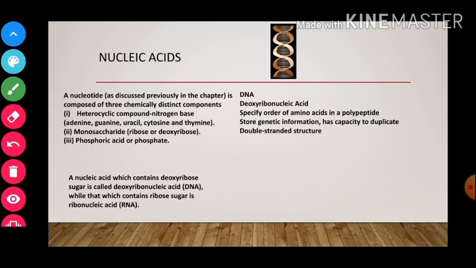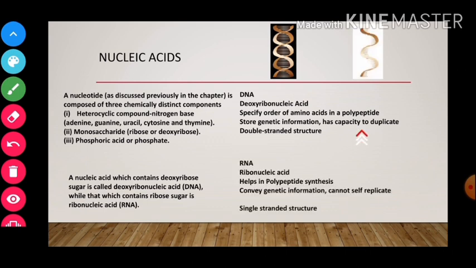So the second category of nucleic acid is RNA, and the structure of DNA is on the top of your screen. Now talking about the RNA, so RNA is named as ribonucleic acid. It helps in polypeptide synthesis, like it helps in the protein synthesis, and it also conveys the genetic information but cannot self-replicate.